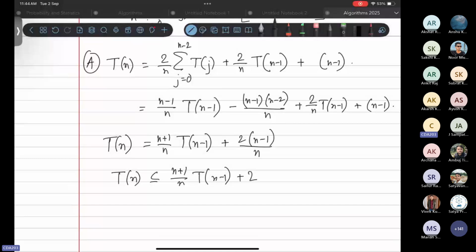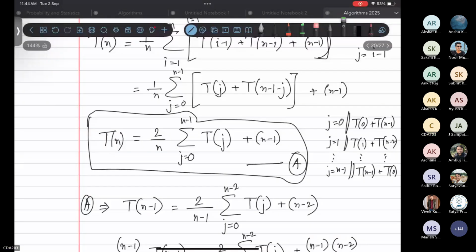Why? Because earlier this Tn was dependent on all the previous values of t. Tn over here in the equation A was dependent on all the previous values, t0, t1, t2, up to tn minus 1, for everything.